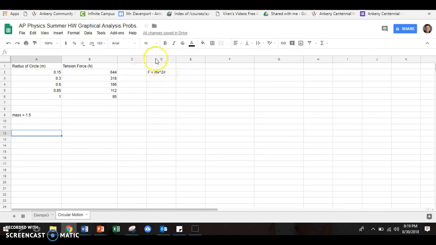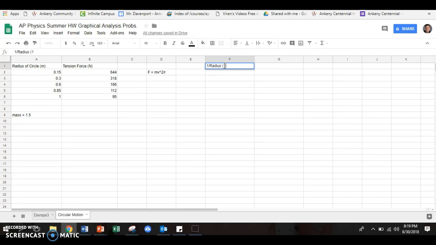But if we just do a basic XY plot, we're not really going to get the right relationship. We know that the r value is an inverse. So what we probably need to graph is the inverse of the radius, so 1 over radius.